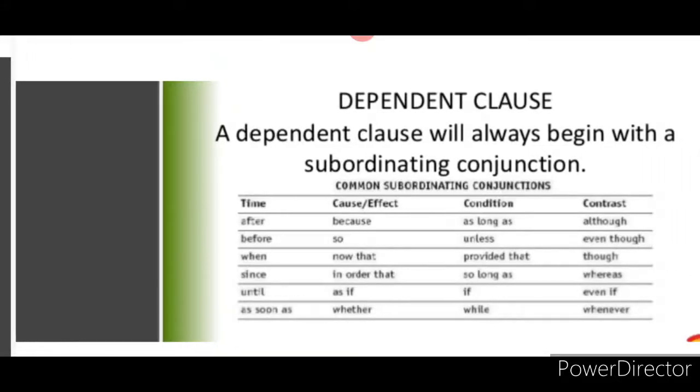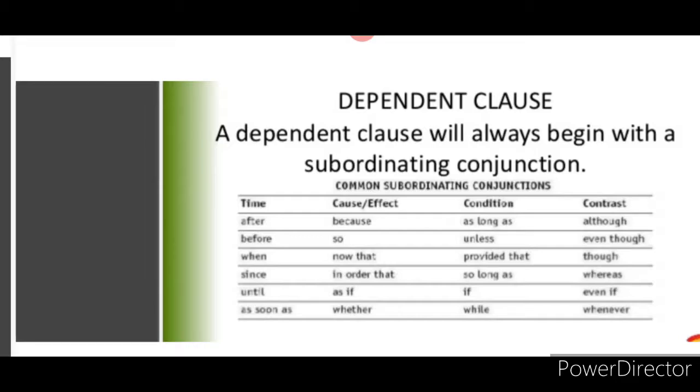So I told you, a dependent clause will not give you a complete thought. Even though they have a subject and verb, they will not give you a complete thought. So they depend upon the independent clause. Always, this dependent clause will begin with a subordinating conjunction.